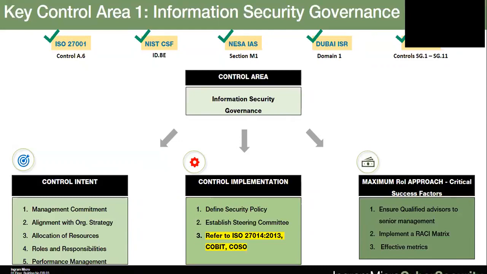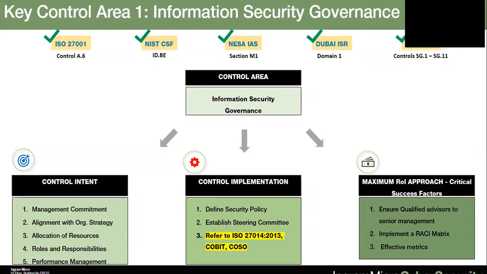It also defines roles and responsibilities and identifies metrics to verify the performance of the security activities. All of the above will be communicated to different levels of the organization, usually through policies, procedures, guidelines, trainings, baselines, etc.